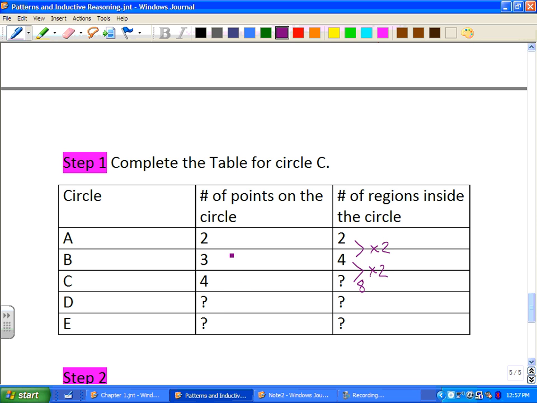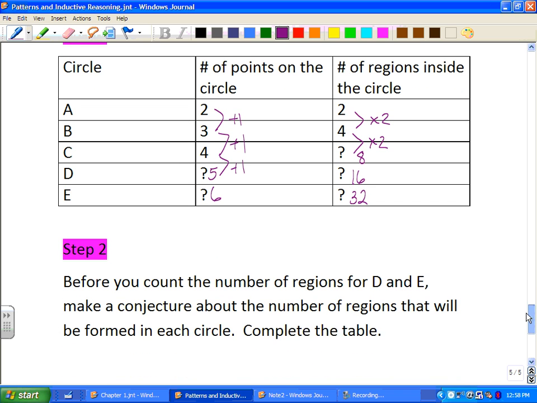Now, the number of points on the circle, what am I doing each time? I'm going up by 1 each time. So I should have 5 and 6. So in D, how many regions should I have? 16. And then I should have 32.